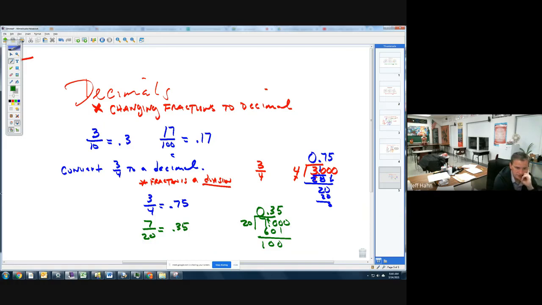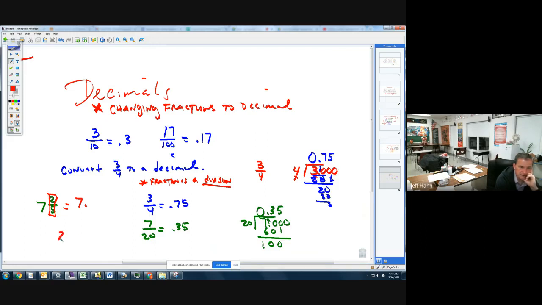So now you're asking yourself, what if it's a mixed number? Well, if you have this 7 2/5, and the book asks you to make that a decimal number, well, you've got the whole number 7. We just need to figure out what 2/5 is as a decimal. And again, we already know how to do that.